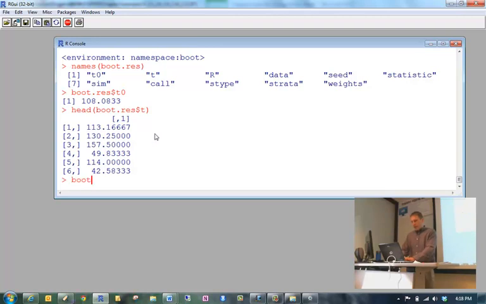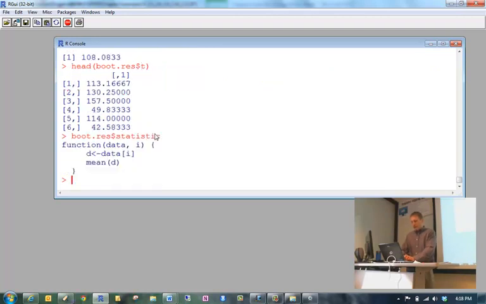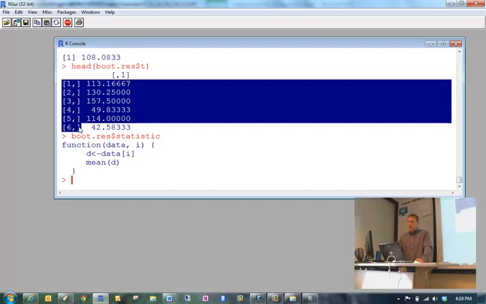In fact, I can say boot.res$statistic, and there's the function that's used to calculate the statistic of interest. Note that boot.res$t is actually a matrix. It has column 1, and then lists the rows down there.